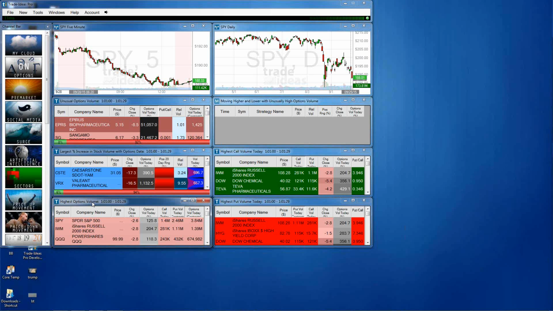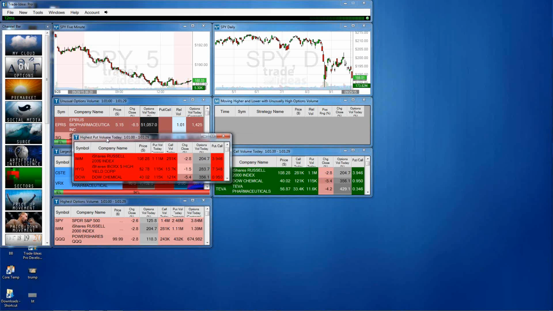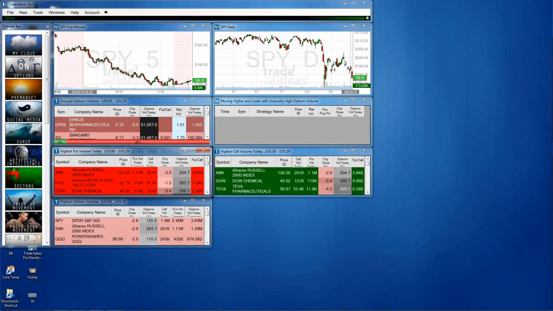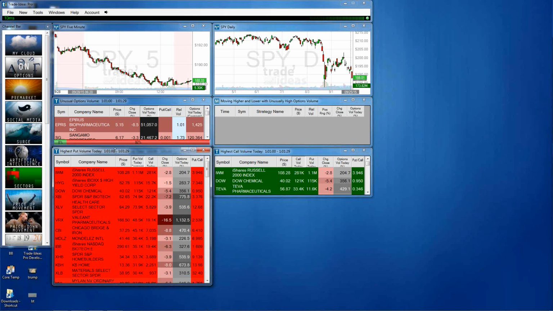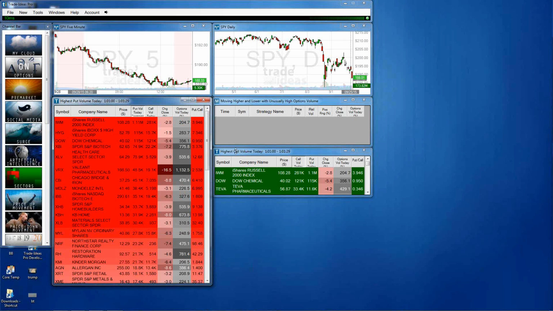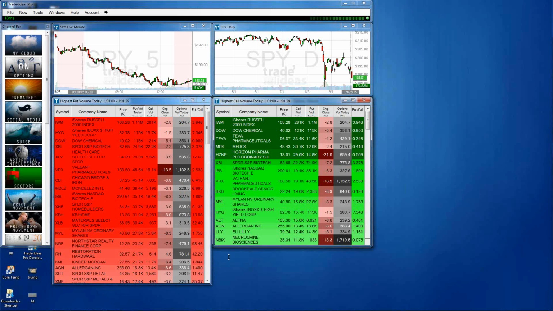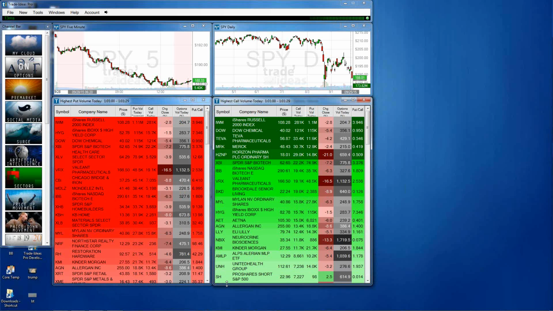So, highest options volume percentage-wise, we've got highest. If you just want to focus on the highest put volumes, you can focus on these windows. These are the stocks doing excessive put volume. If we want to focus on excessive call volume, we can easily implement these two windows.